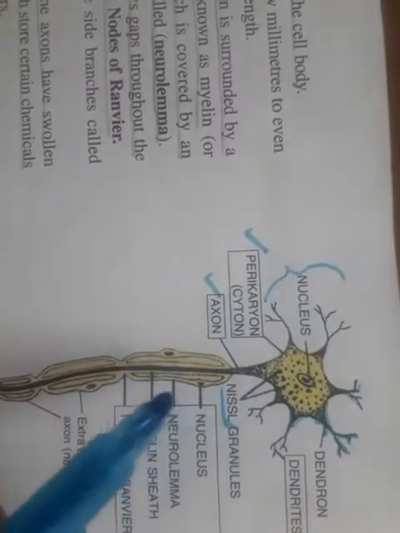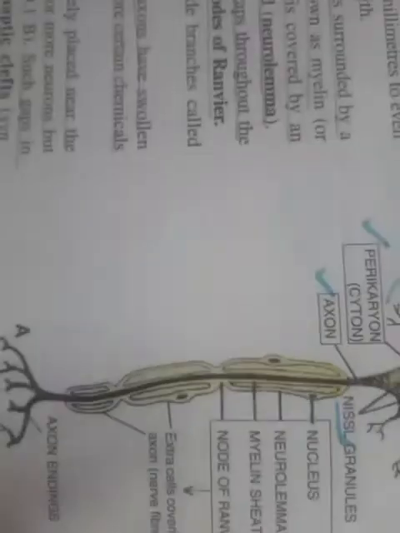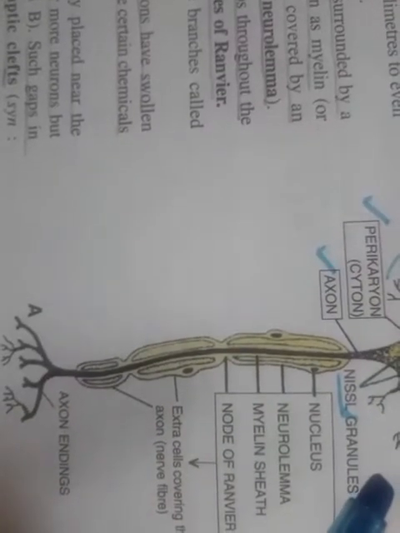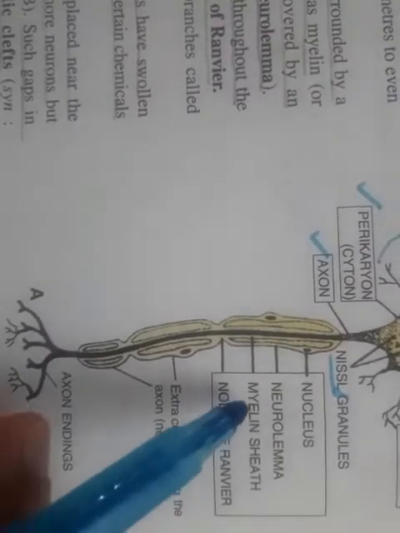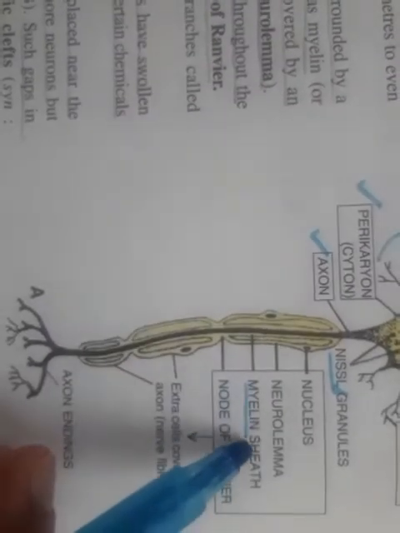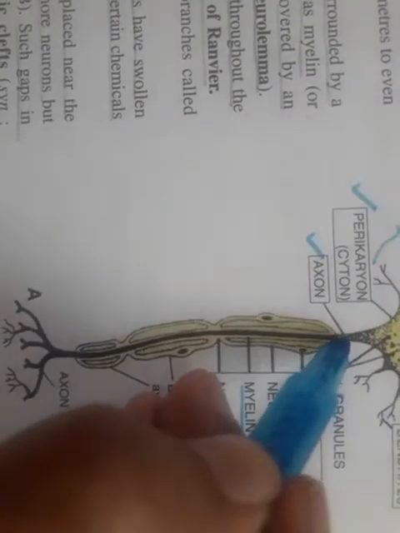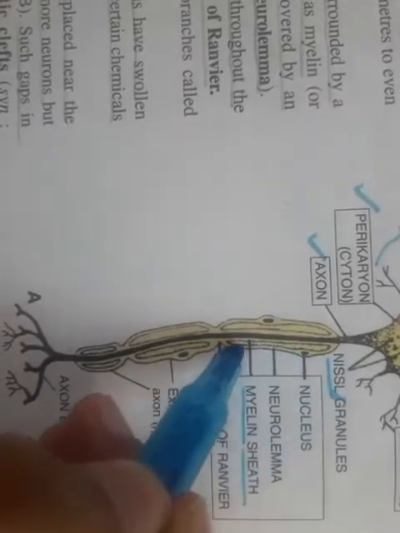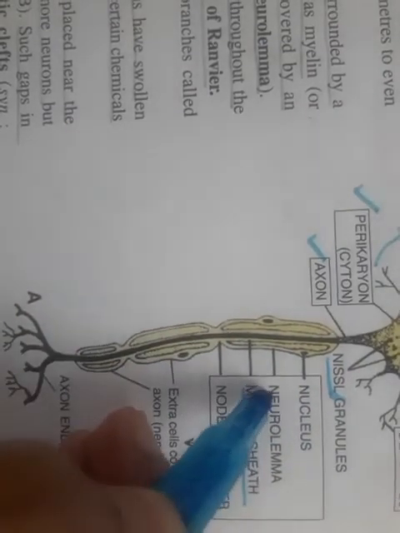Now we come to the axon. The axon is surrounded by a white insulating sheath called myelin sheath. This sheath is covered by an outer covering called neurolemma.